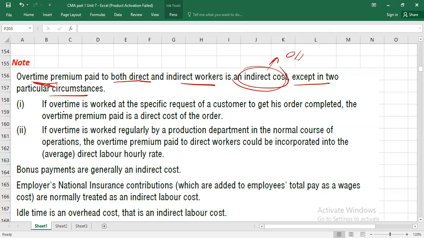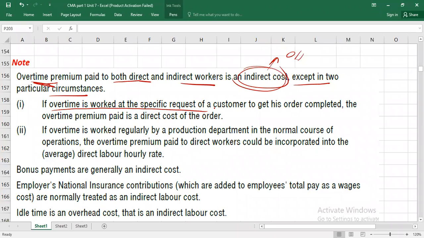The circumstances are, first, if overtime is worked at the specific request of the customer. For example, I'm the tailor, you came to me, you want me to stitch a suit for you. I'm saying that I'm very busy, I don't have time maybe. And you are saying that you will pay me some extra money if I work overtime. Now guys, see, I'm working on the request of the customer.